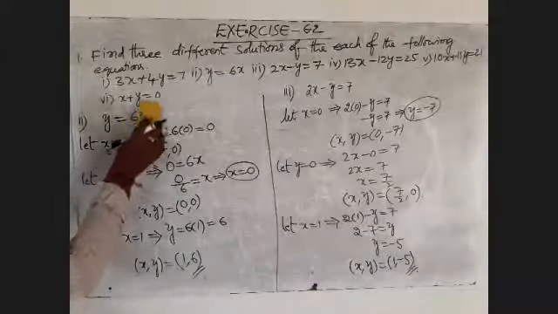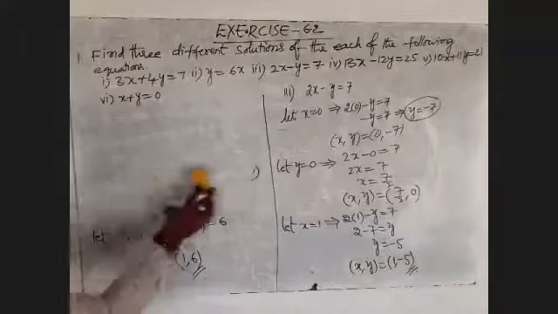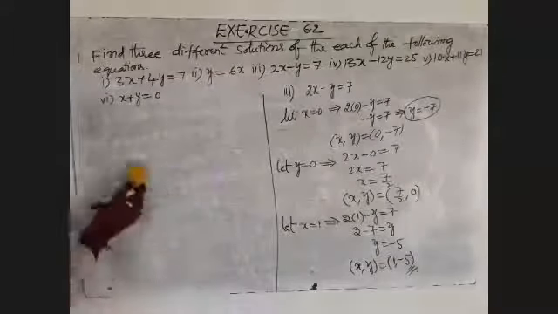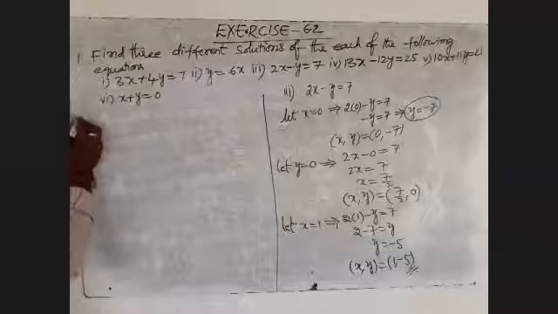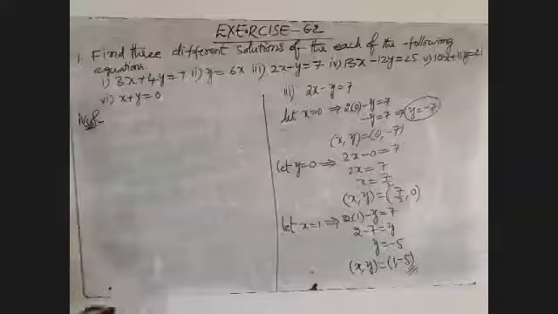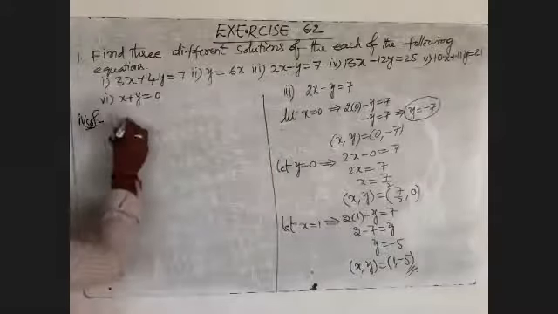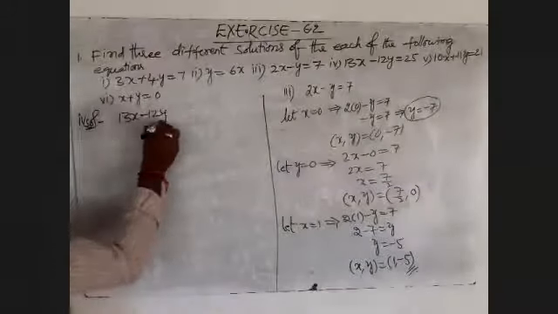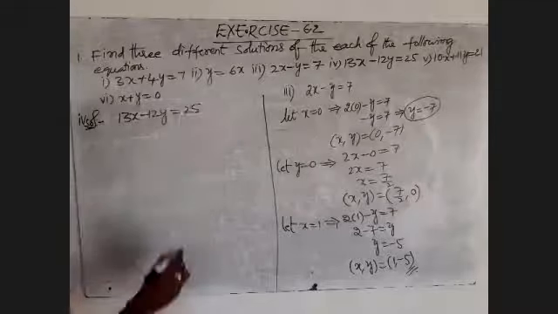Now I am going to the fourth one. The equation is 13x minus 12y is equal to 25.